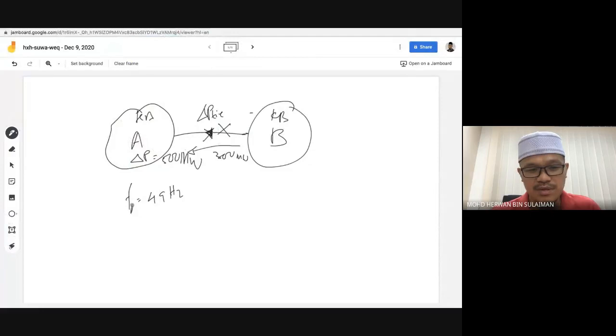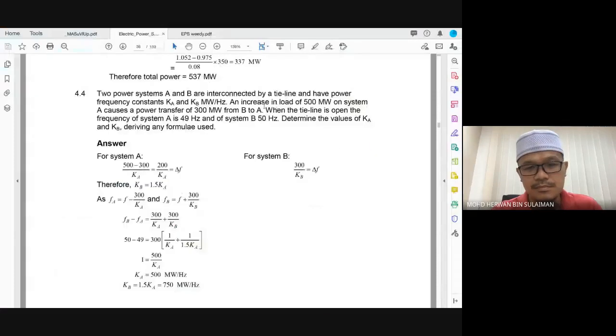This one is FA, and this is FB, 50 hertz. So determine the values of Ka and Kb, and you can derive any formula used.